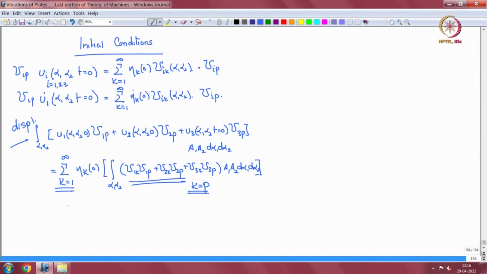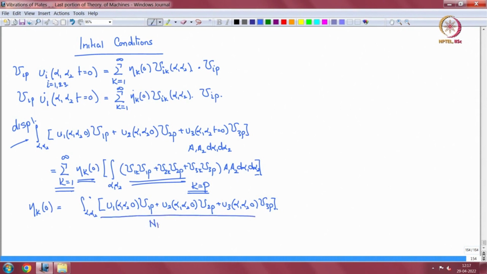Okay. So then what happens? What happens is eta k0 is equal to integral alpha 1 alpha 2 of u1 alpha 1 alpha 2 at 0 u1p plus u2 alpha 1 alpha 2 at 0 u2p plus u3 alpha 1 alpha 2 at 0 u3p, okay, and divided by Nk. So I have got my eta k0.